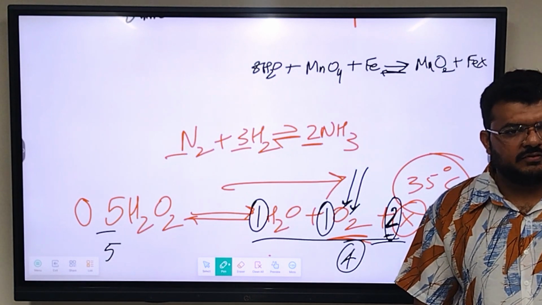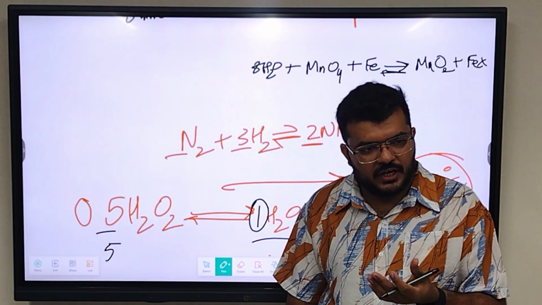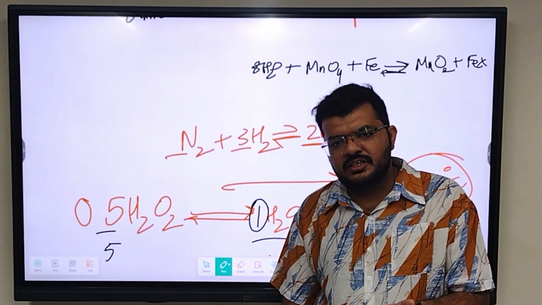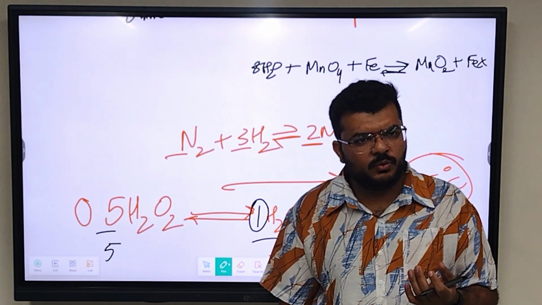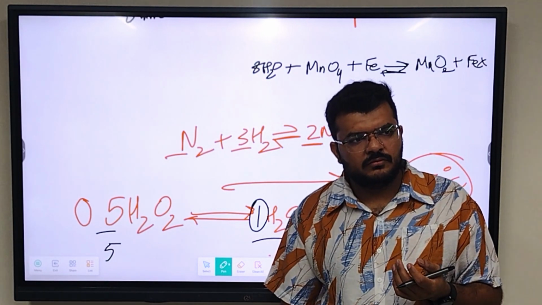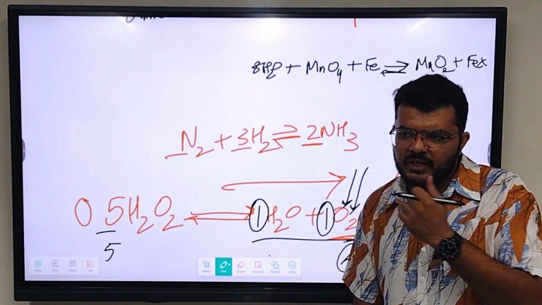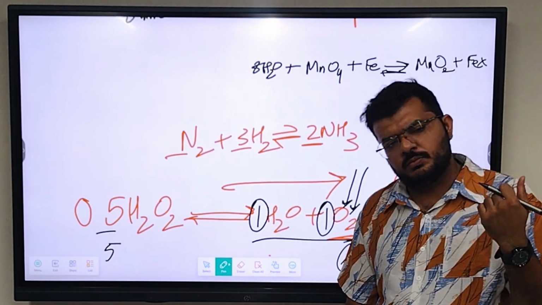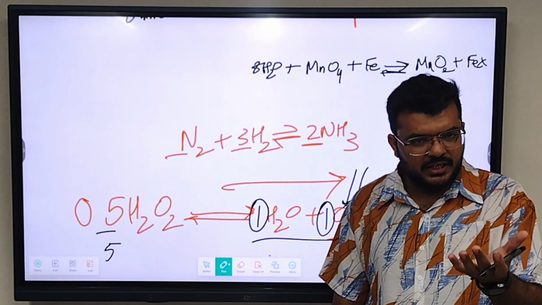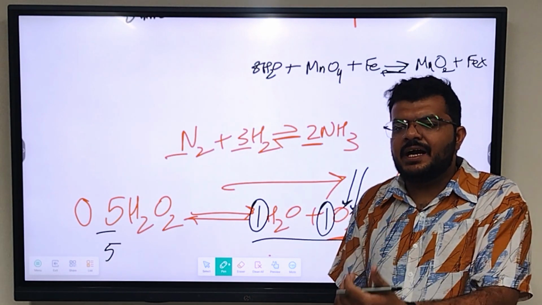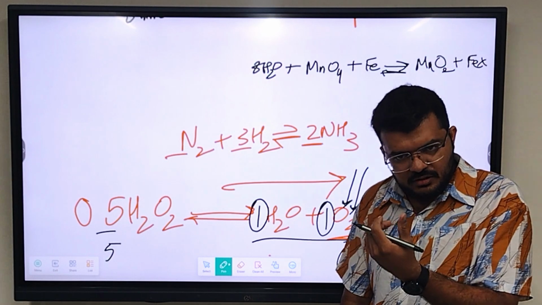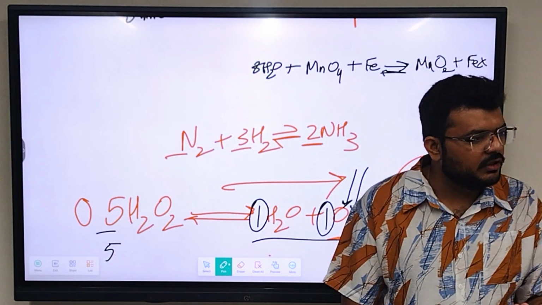What about catalyst? We know a catalyst can change the rate of reaction, but can a catalyst do something in case of equilibrium? Sir, can the catalyst support only one reaction, or should it support both the reactions? Both the reactions. So if I add a catalyst, the position of equilibrium does not change.